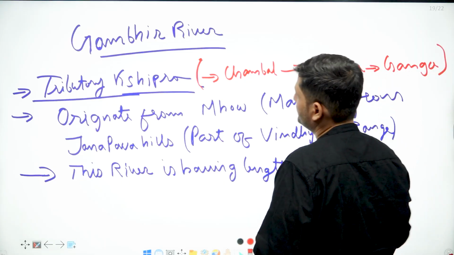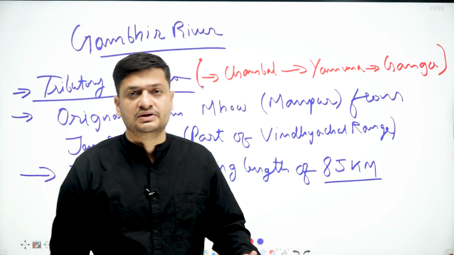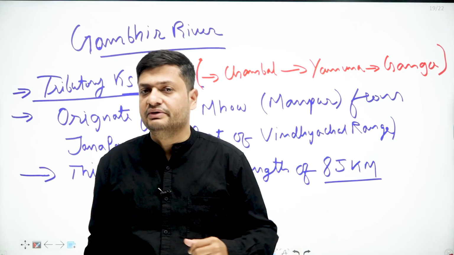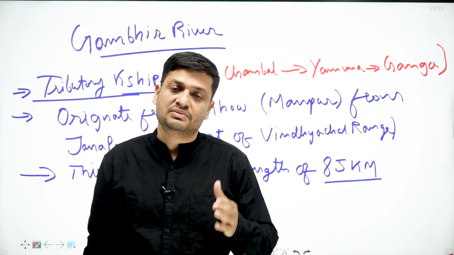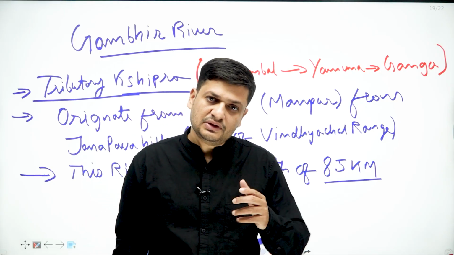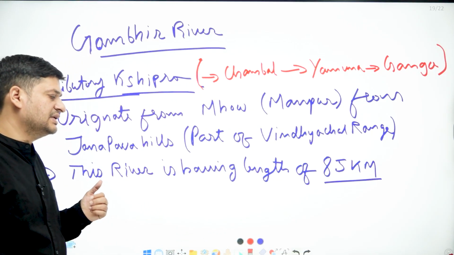So indirectly, we can see that the water of Narmada River is going into the Ganga River. So it is the Narmada Ganga linking project. First of all, this type of activity was done by the government, and this is the channel behind it.